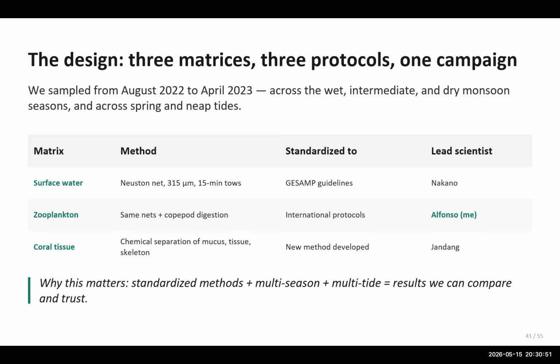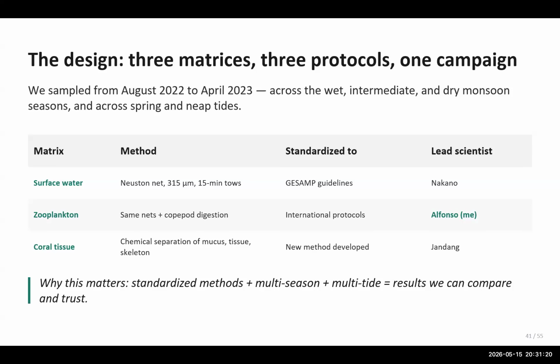We also measured during both the spring tide and the neap tide in the same place, during the wet, intermediate, and dry seasons. We used measurements in 3 different matrices: plankton, water, and corals. So we had 3 scientists working, with 3 comparable protocols, all coordinated at the same time.